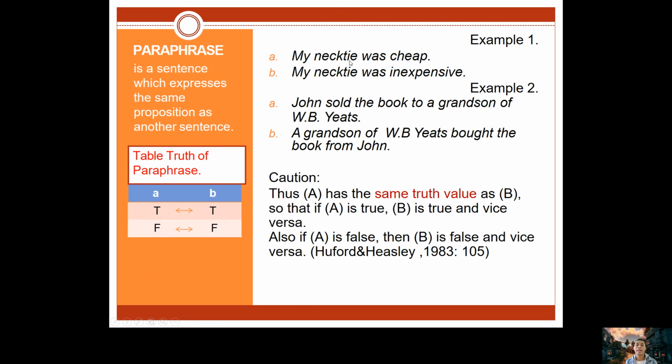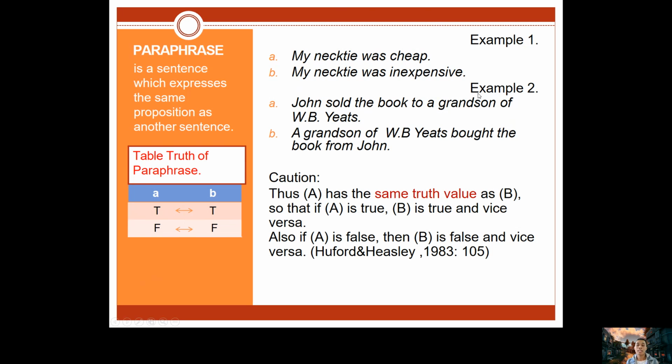For example, my necktie was cheap, and the second premise, my necktie was inexpensive. Cheap and inexpensive are the same, right? So it is a true premise.